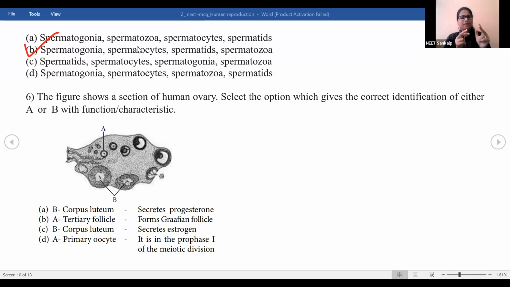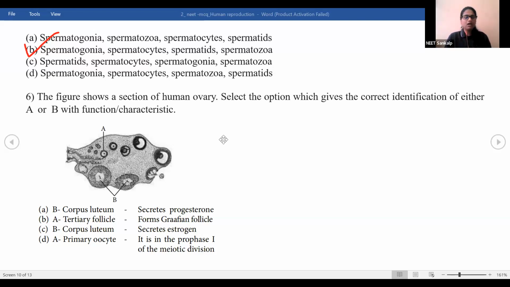Option A, B is a corpus luteum, it secretes progesterone. Option B, until I complete the question, please don't answer. Option B, A is a tertiary follicle, forms Graafian follicle. Option C, B is a corpus luteum, secretes estrogen.